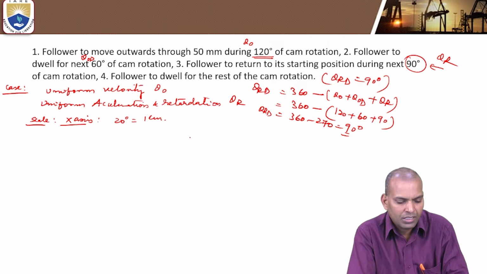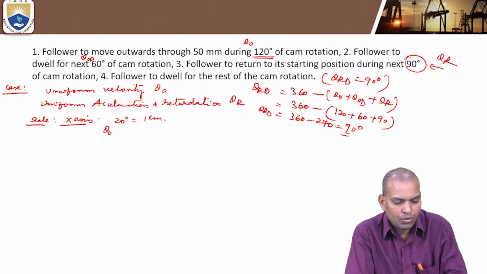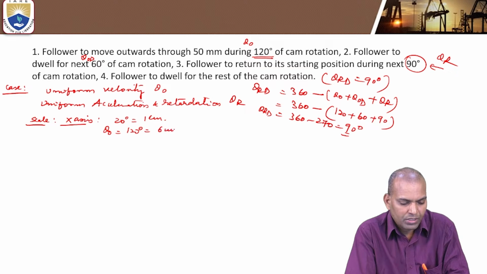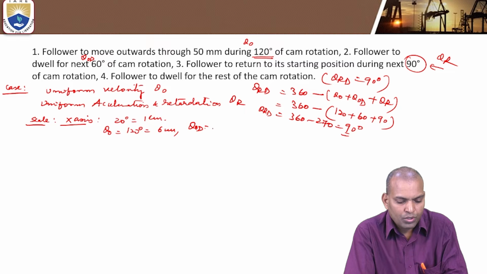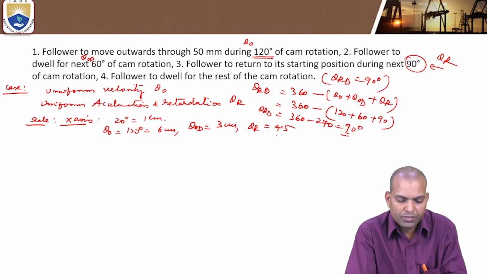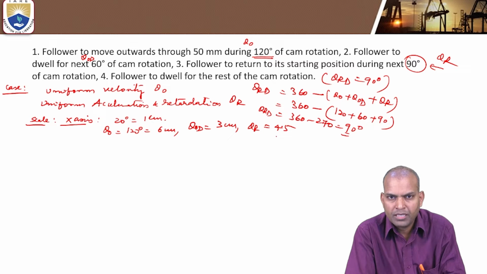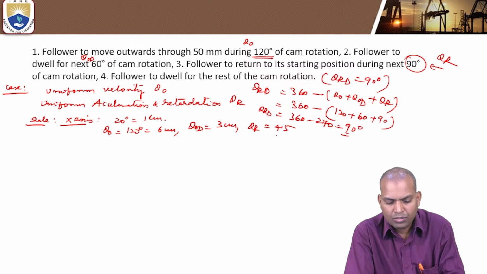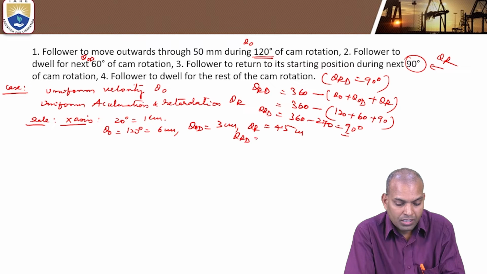Then theta O, 120 degrees, comes as 6 centimeters. Theta OD is 3 centimeters. Theta R is 90 degrees, 90 by 20, so it is 4.5 centimeters. Theta RD again 4.5 centimeters.